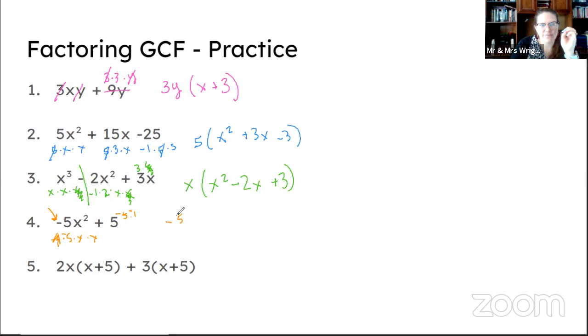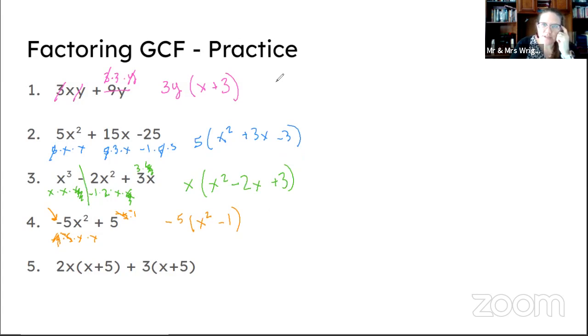So I've got a -5 in common. So -5 and -5. And then I've got 2 x's here, but no x's over here. So what I've got left is x squared, and then my 5, I have left a -1.